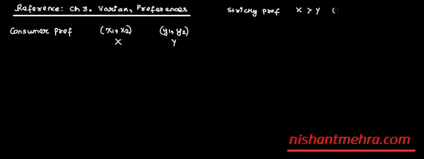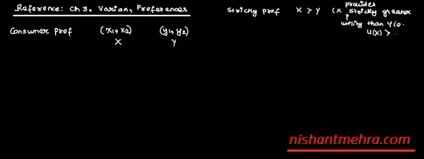When X provides strictly greater utility than Y. That is, UX is strictly greater than UY. Note that for preferences, when I'm writing strict preference, then I'm using this symbol.